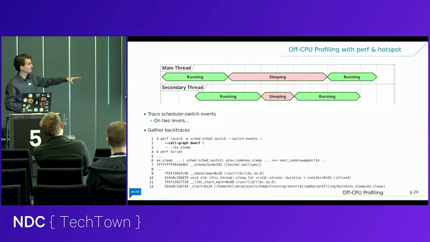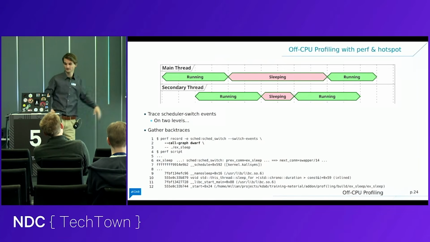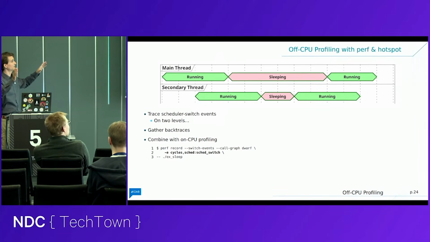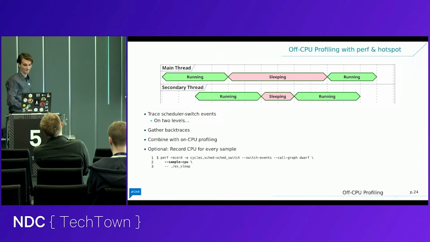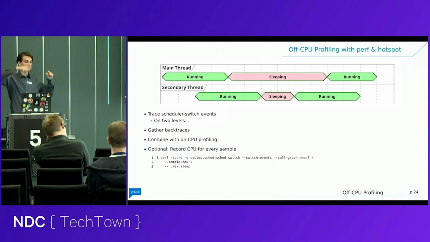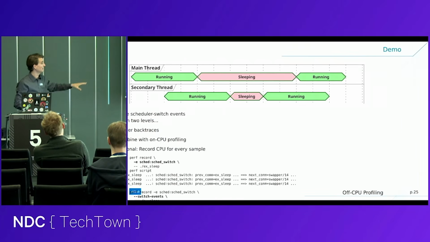All of that becomes clear once you look at the backtrace. And then maybe you want to actually combine this with on-CPU profiling, such that you can holistically view both sides, right? The green and the red area, the running and the sleeping area. And then maybe even you want to record the CPU for every sample, such that we can actually see CPU migrations when our task gets moved from one core to another, right? Maybe that's also something we would like to have. And this is quite a mouthful, I agree.